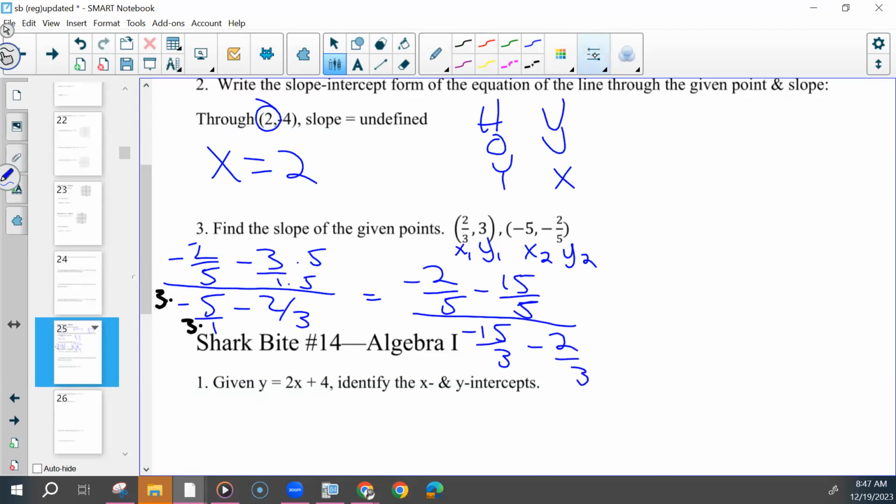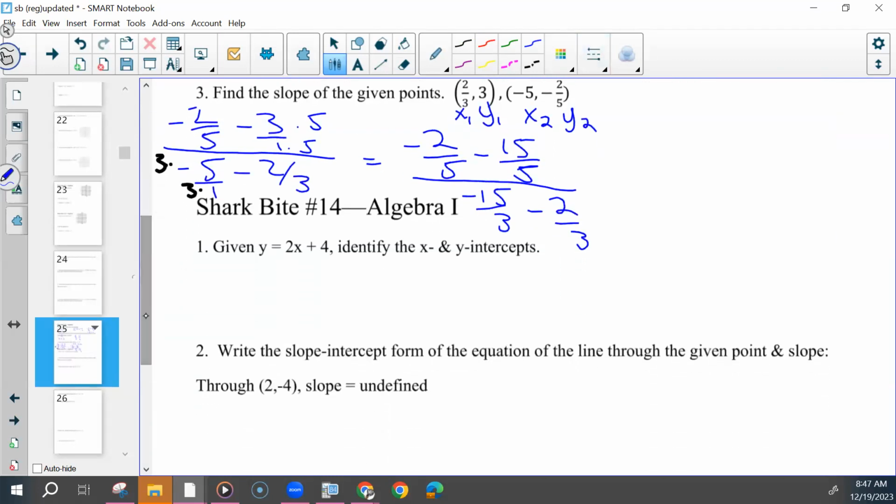Then we could simplify both. Subtract across, so we have -17/5 all over -17/3. And then from this point, you could either put all of this in the calculator all at once, or you could take the denominator fraction, flip it, and multiply to both.